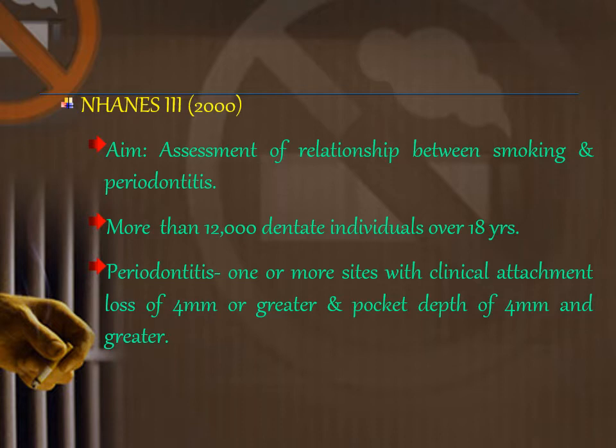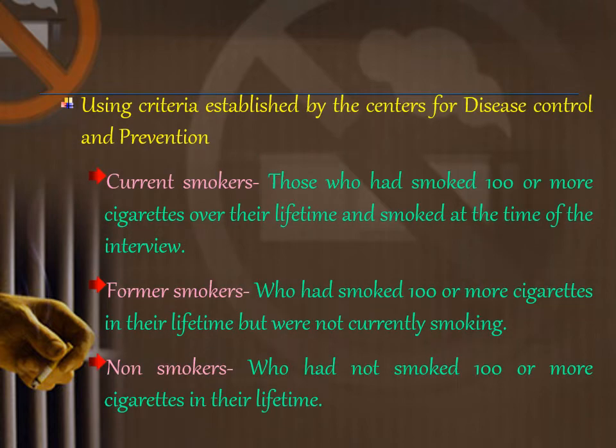Periodontitis was defined as one or more sites with clinical attachment loss of 4 mm or greater and pocket depth of 4 mm or greater. Using criteria established by the Centers for Disease Control and Prevention, current smokers are those who had smoked 100 or more cigarettes over their lifetime and smoked at the time of the interview. Former smokers are those who had smoked 100 or more cigarettes in their lifetime but were not currently smoking. And non-smokers are those who had not smoked 100 or more cigarettes in their lifetime.